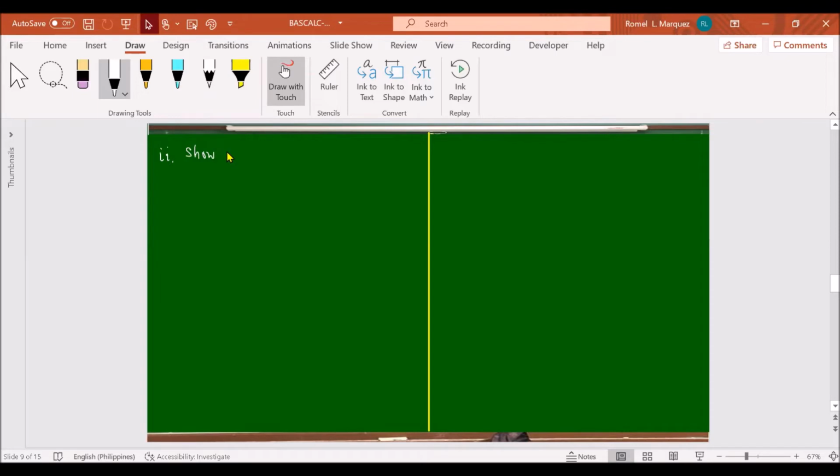So show that. So this is our formal proof. Delta equals the minimum of 1/4 and epsilon over 2 works.